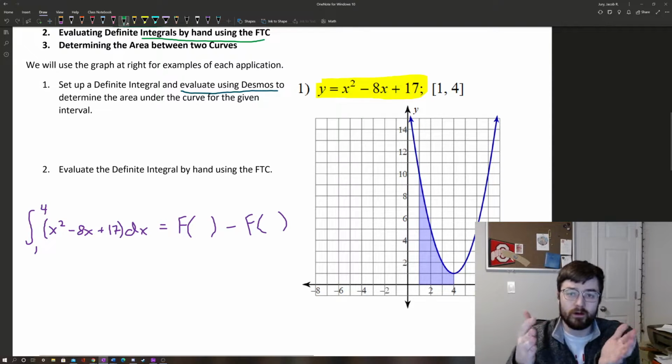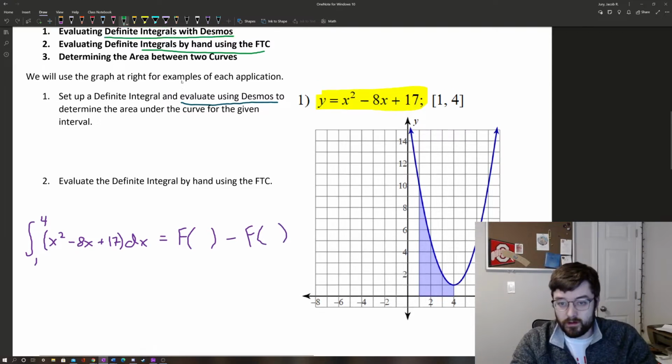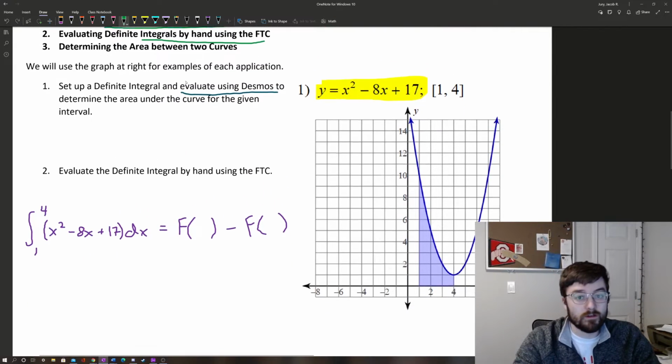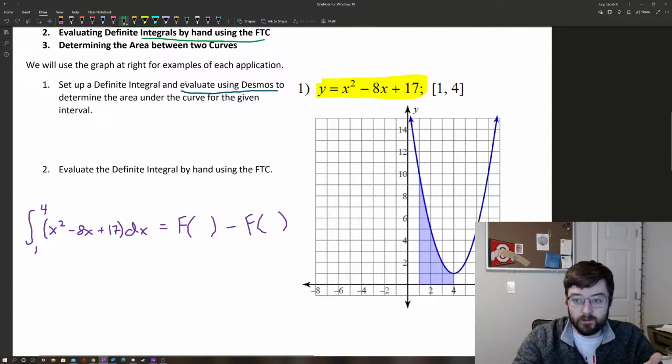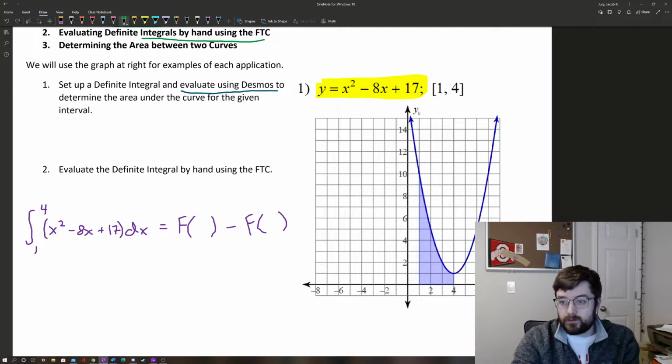Because I hope you all are attaching the integral operation to an area under the curve. It's super important that you equate those two, just like you equated the derivative operation with the slope of the function. So we're going to put this into Desmos to solve.